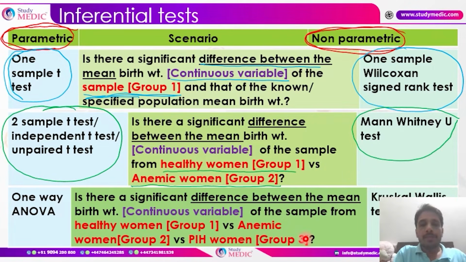Here there are more than two independent, mutually exclusive, unrelated categorical groups, and we want to find out whether this continuous variable is different across these groups or not. If it meets all the assumptions and is normally distributed, then we use the one-way ANOVA test to do this inferential test. The non-parametric equivalent is the Kruskal-Wallis test.